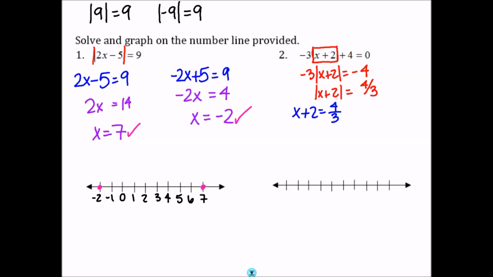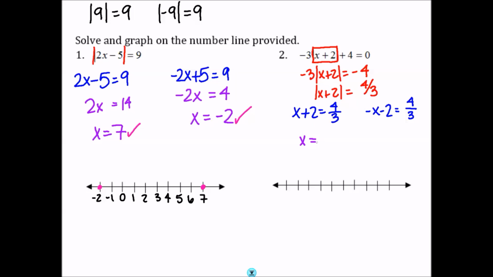The first equation is always the original equation without the absolute value bars. The second equation, remember that you change the sign of everything inside the absolute value bars. And then you solve. So for the first equation, I'm going to subtract 2 from both sides.